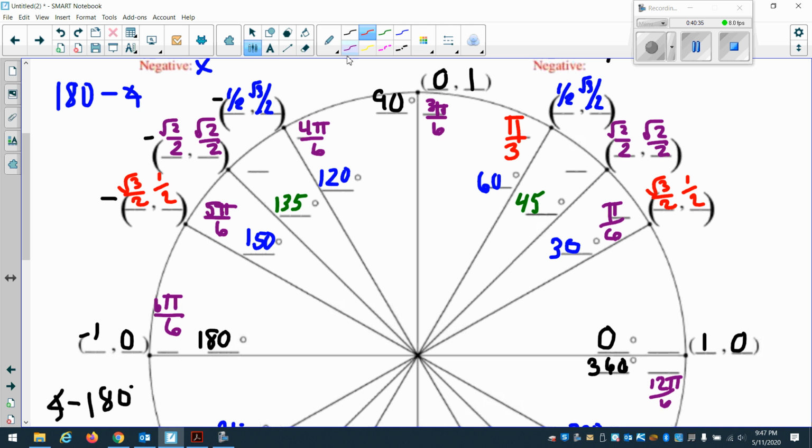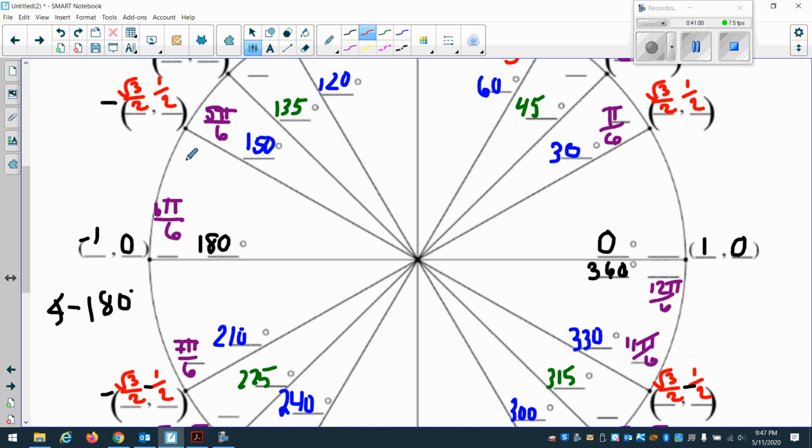okay? Then 3 pi over 6 reduces to pi over 2. 4 pi over 6 reduces to 2 pi over 3.